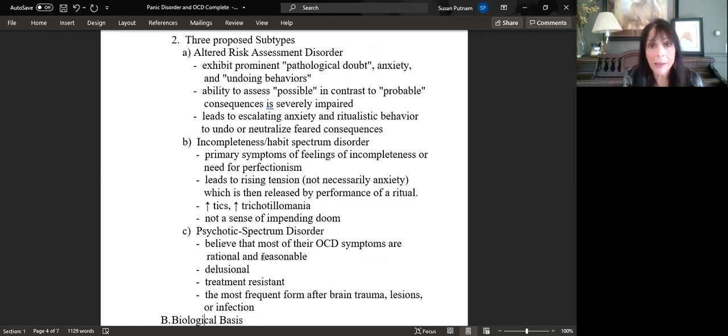It can be related to rising anxiety, but very often it would be more considered tension. And then when you perform a particular ritual, that tension is released. Individuals with this subtype of OCD have an increased occurrence of tics and trichotillomania.